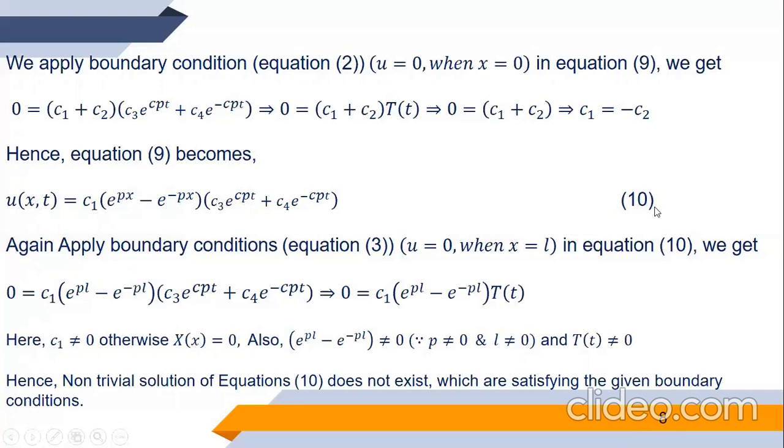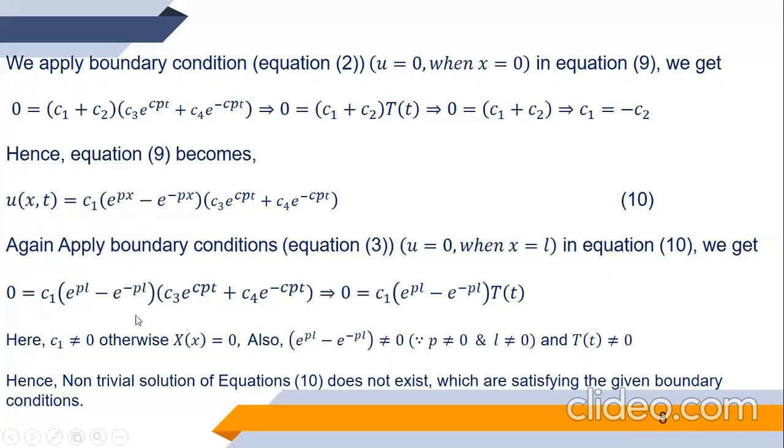Now we apply the second boundary condition, u equal to 0 when x is L, in equation 10. So we get 0 is equal to c1 times e raised to pL, where x is replaced with L, minus e raised to minus pL, and the other remaining term c3 e raised to cpt plus c4 e raised to minus cpt is similar.